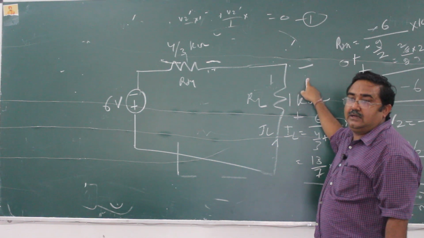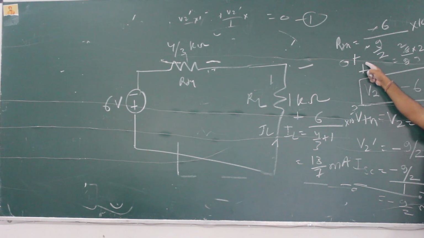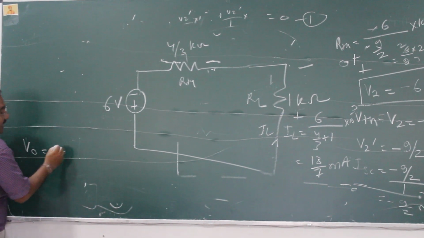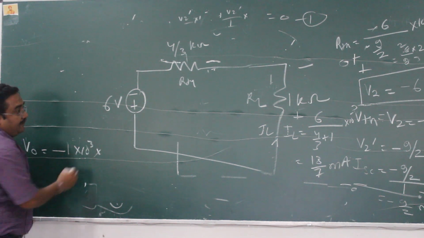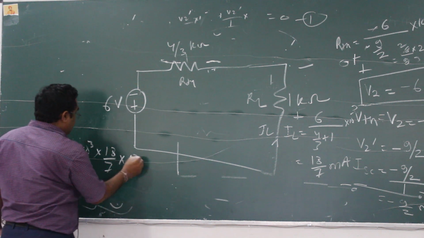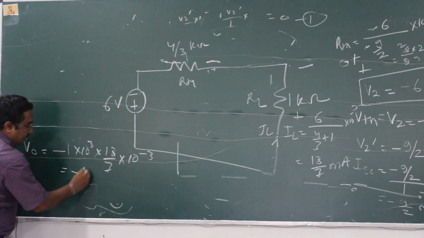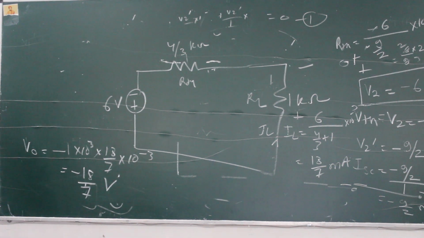But in our question, V naught has been defined as plus on the upper side and minus on the lower side. So my V naught will be minus 1 into 10 raised to the power 3 multiplied by 18 by 7 into 10 raised to the power minus 3. This cancels, so I am left with minus 18 by 7 volt. Is this very clear or not?